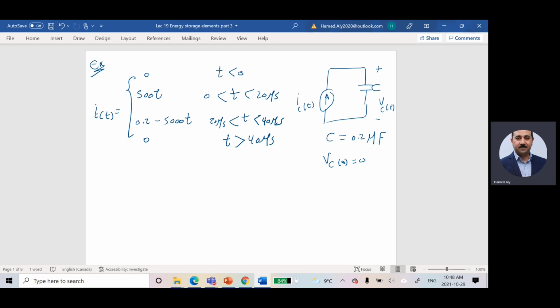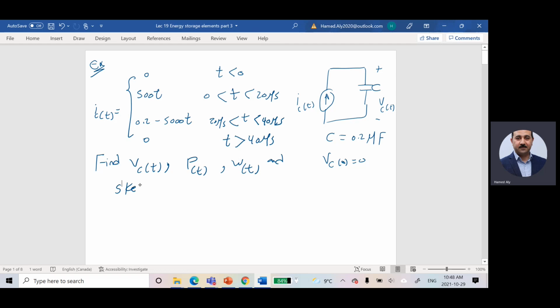Now what is needed is the voltage VC of t. He asked you to calculate VC of t, calculate the power P of t, calculate W of t, which is the energy, and he asked you, can you please sketch?